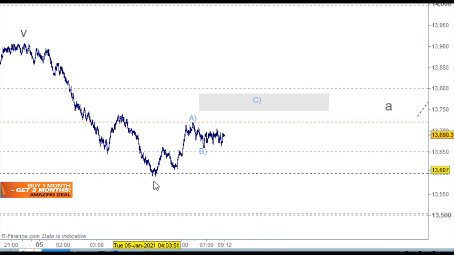if this was going to be wave 1 coming down here, then the A wave here would need to be in 5 waves, because if this was wave 1 and this was wave 2, then the pattern in here would be a zigzag pattern, and the zigzag pattern is 1, 2, 3, 4, and 5.